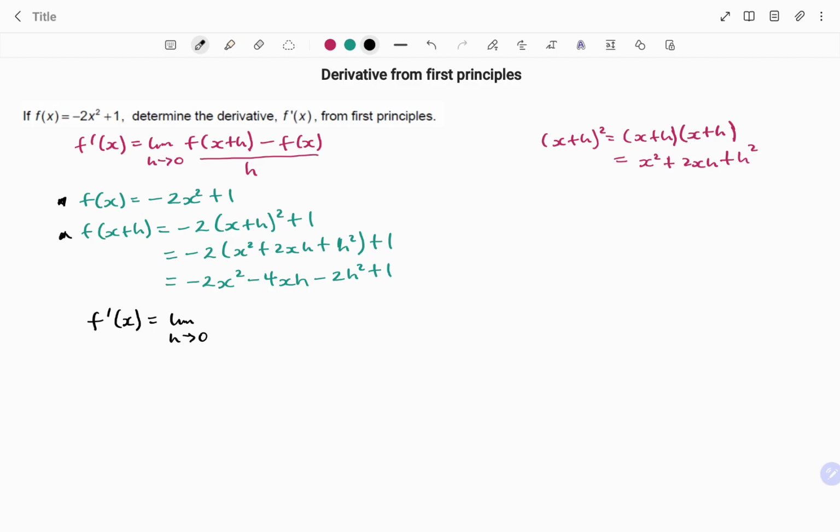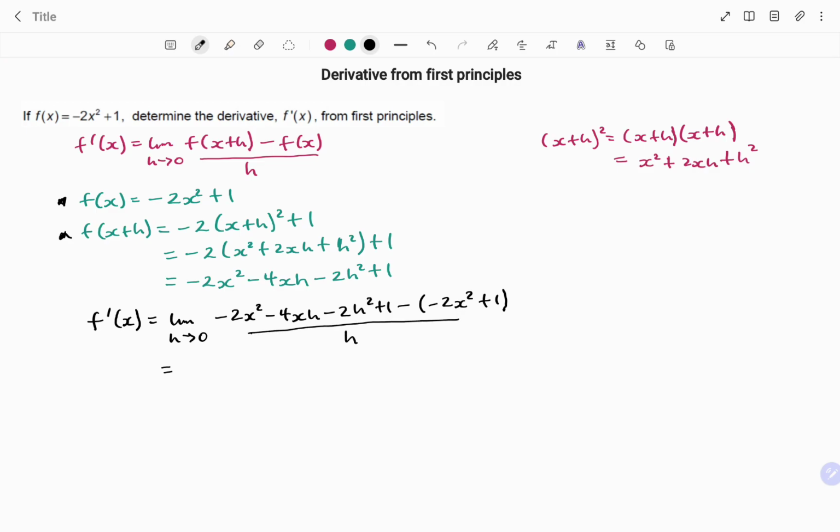F of x plus h will be minus 2x squared minus 4xh minus 2h squared plus 1, minus my f of x. I'm going to put that in a bracket because it has more than one term: minus 2x squared plus 1, all divided by h.